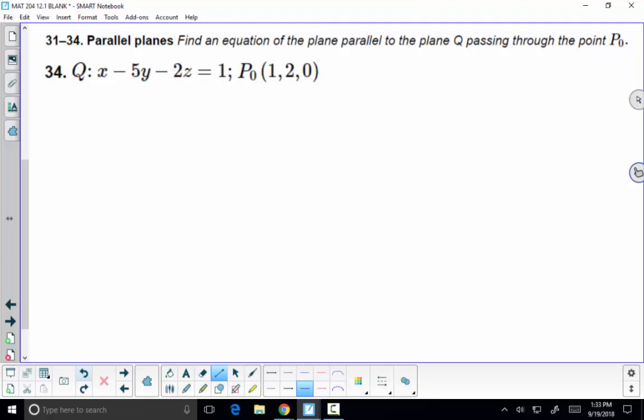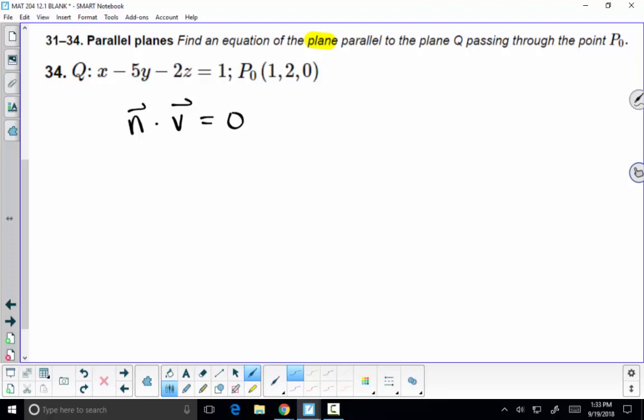So you're finding the equation of the plane. What two things do you need for the equation of a plane? N dot V has to be 0. So you have to figure out an N and you have to figure out a V. Anytime you want the equation of a plane, this is where you start. N dot V is 0. So figure out an N, figure out a V, and then dot them together.